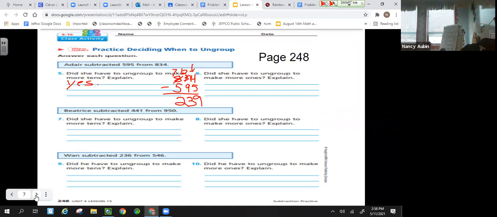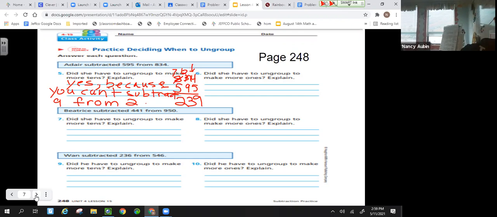Can you do 2 minus 9? No. Yes, because you can't subtract 9 from 2. You can't do it.